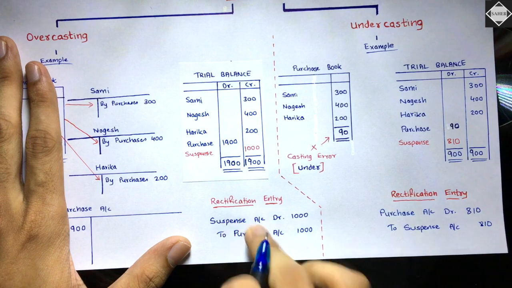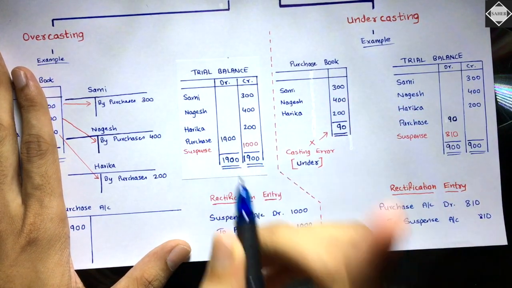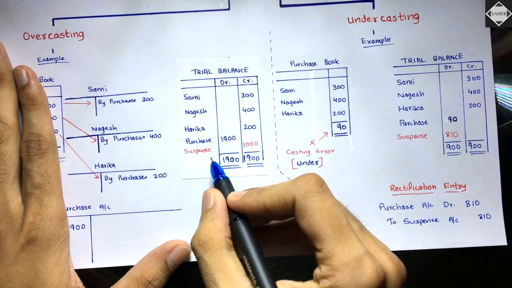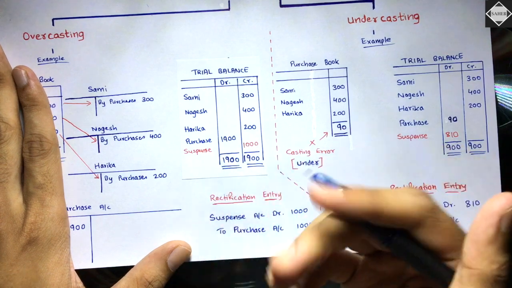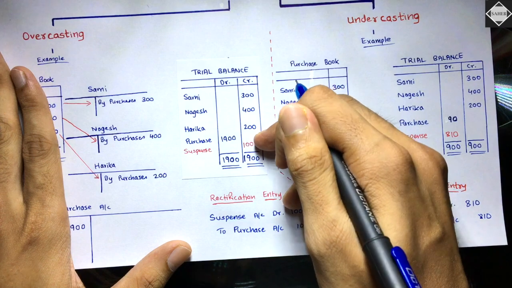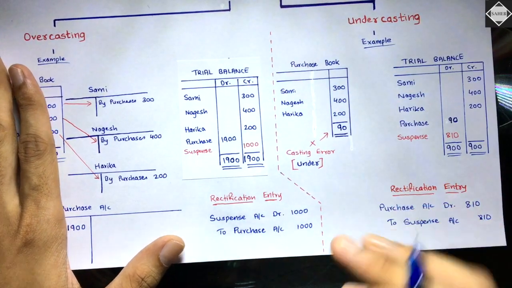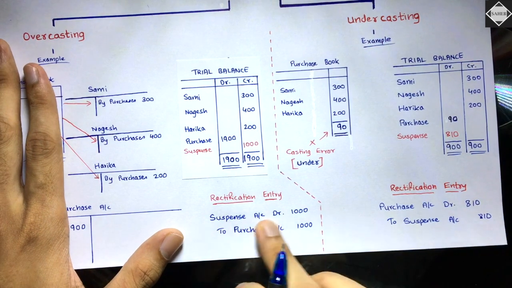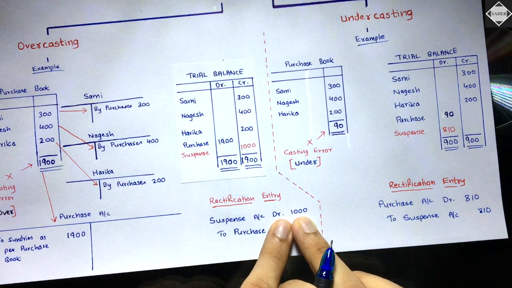It will get debited, because this suspense account has to be cleared now. You all know that we have to cancel, finish the suspense account, and correct the errors. So here it had a credit balance. To cancel that, to reverse that, you have to make an equal debit. So suspense account debit.